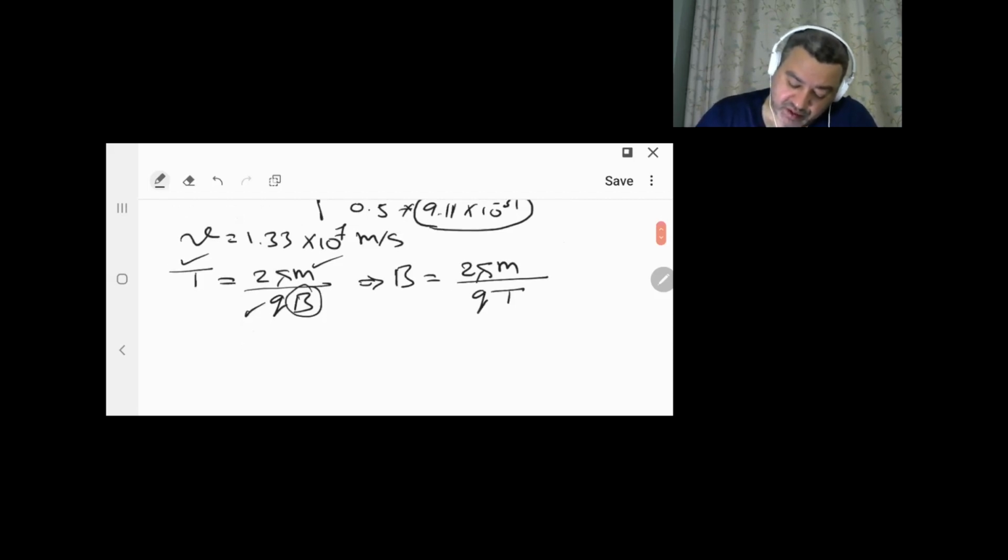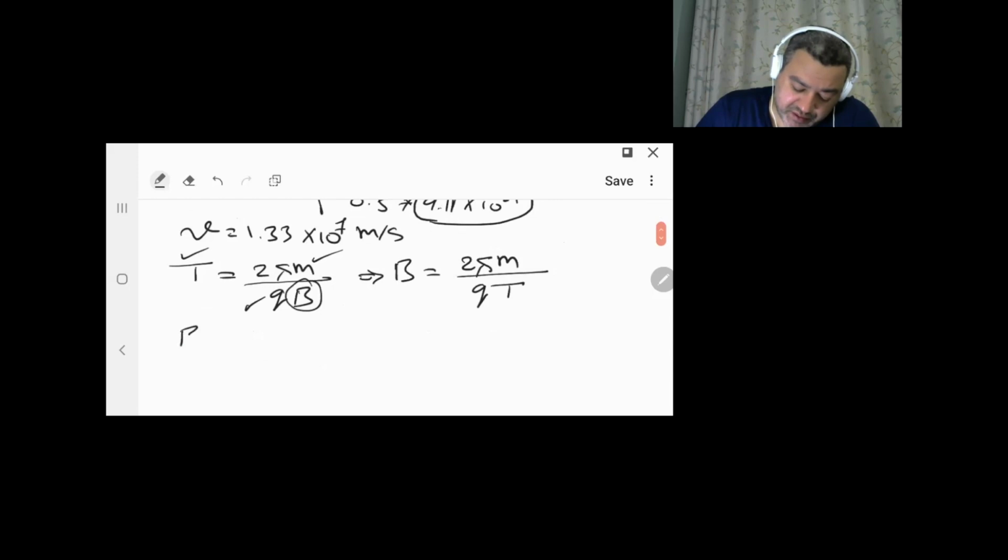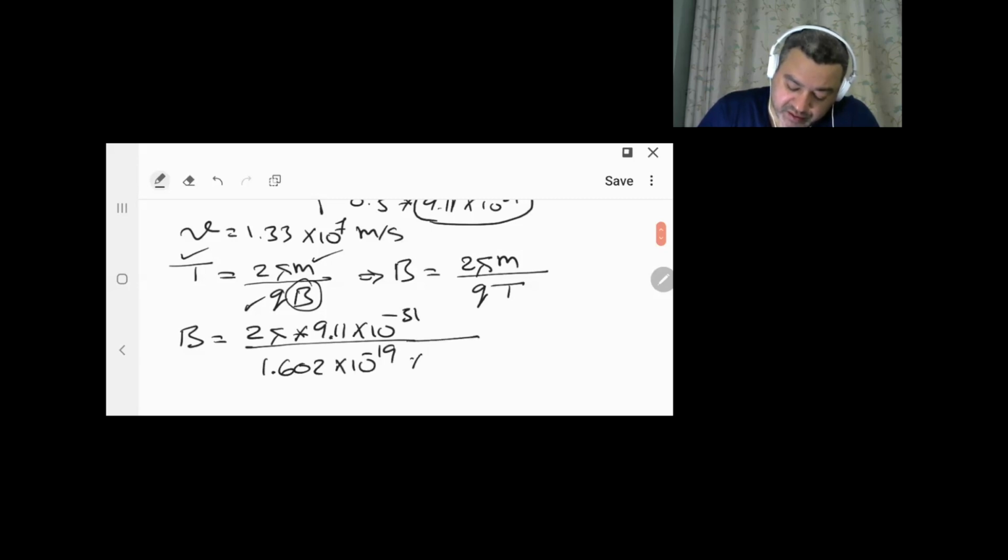Now, the magnetic field equals 2 pi times 9.11 times 10 to the power minus 31, divided by the magnitude 1.602 times 10 to the power minus 19 times 4 times 10 to the power minus 9.